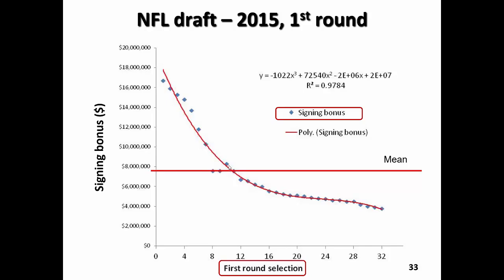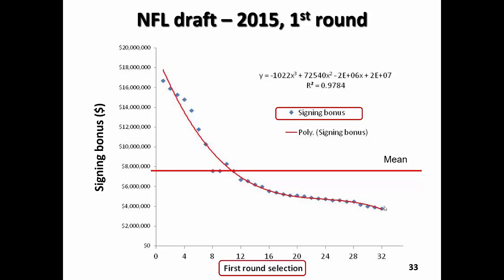And if we take a look at the number of players that had signing bonuses above the average, we have 8 players above average for the signing bonus, but below average we had 21 players.